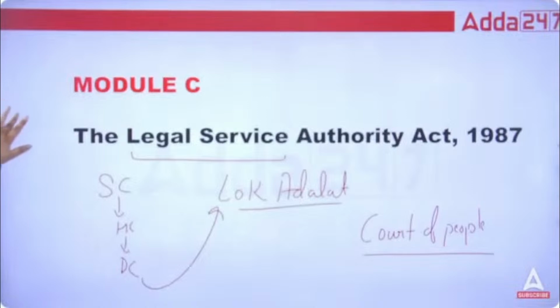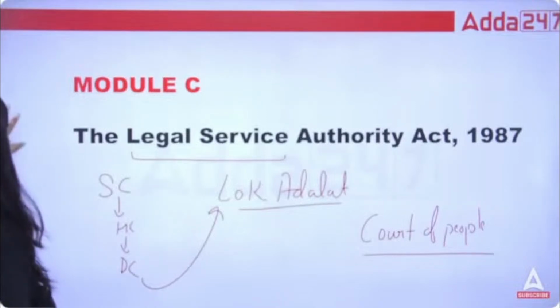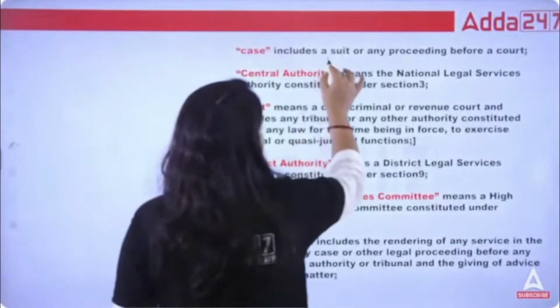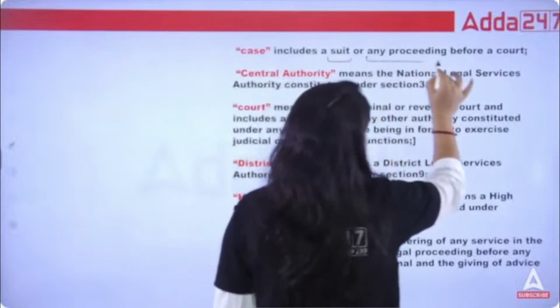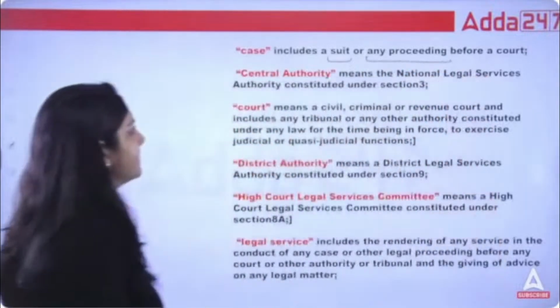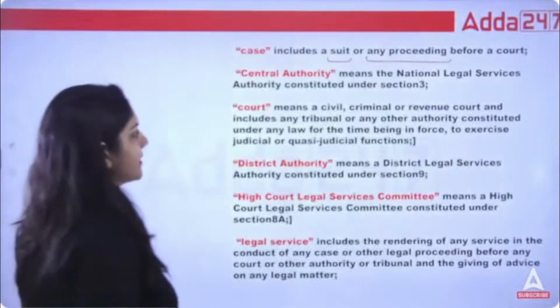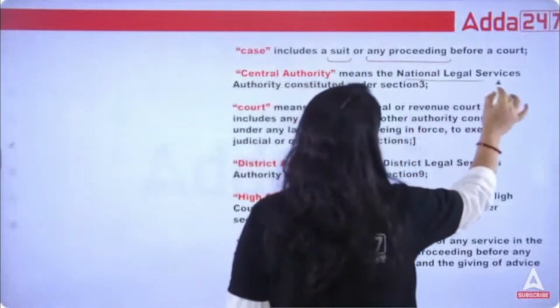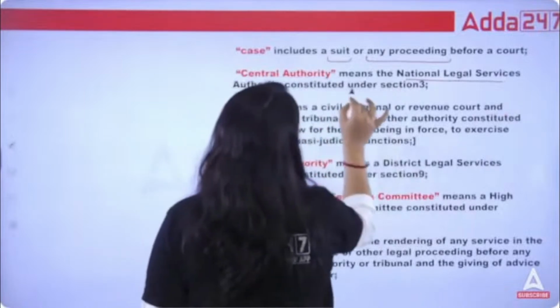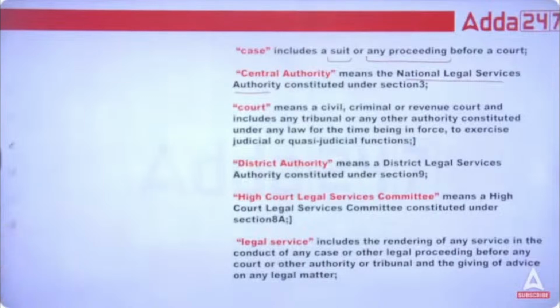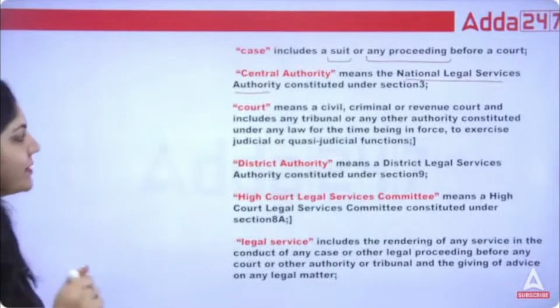Now, what we have to study. What is case? Case means any suit or any proceeding before a court. Then, what is central authority? It means National Legal Service Authority constituted under this act. What is court?